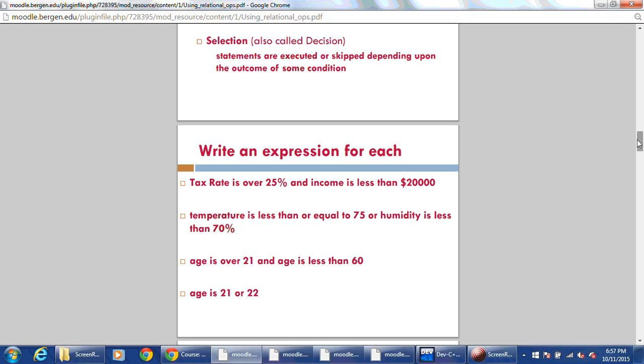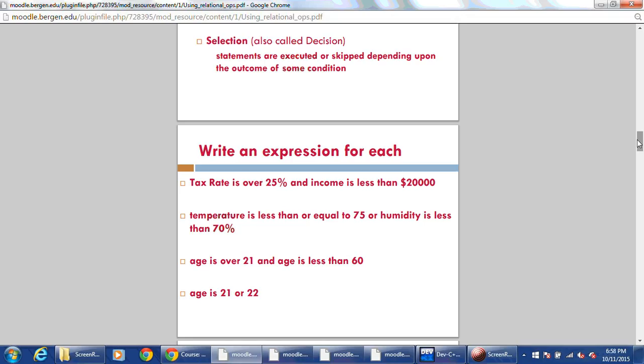If this is true, then do this. If it's false, then do that. We're going to learn about conditional statements which use the relational operators and the logical operators to make a decision. And you do this every day. When you're driving down the highway, when you're going to school, you may want to take a different route. If there's traffic on this, then take this other road.